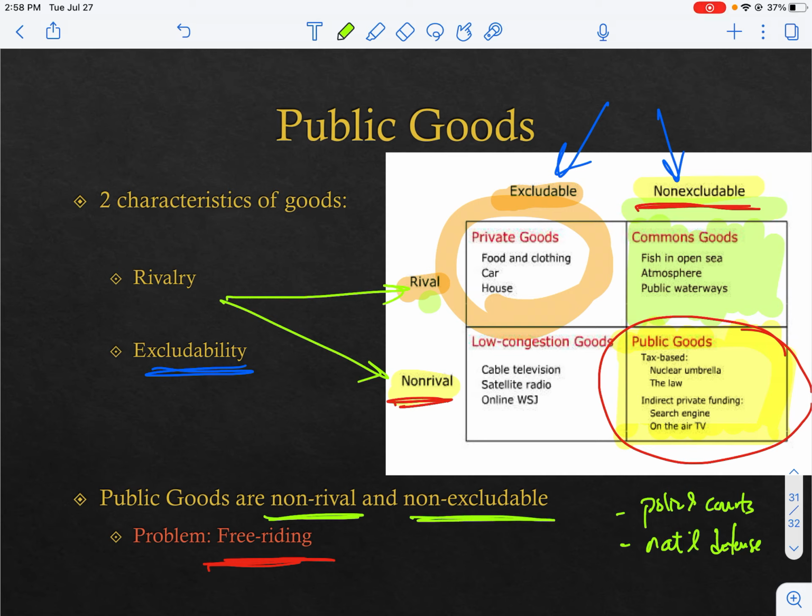And if I stop paying my taxes, there may be consequences, but I'm not any less vulnerable to foreign attack, right, if I don't pay my taxes than if I do. Right? So those are some examples of what are perhaps public goods that people might say there's a role for government to provide because we're not sure the private market would provide them. So follow up if you have questions.